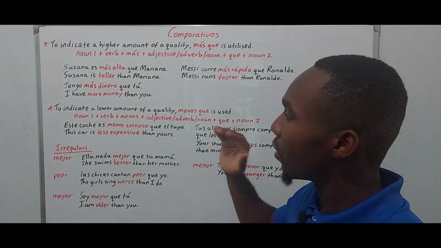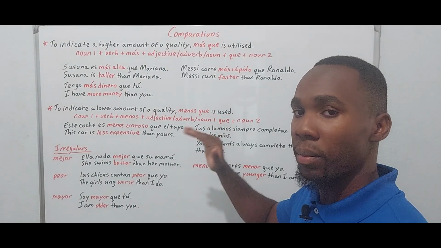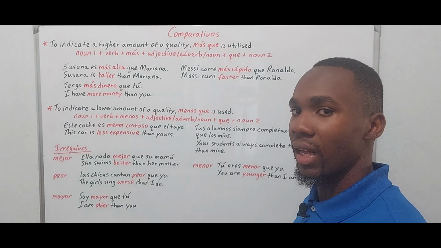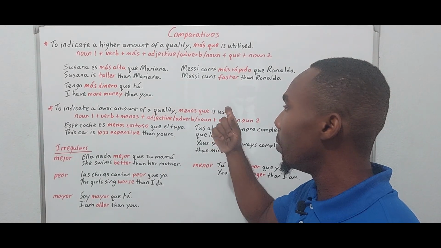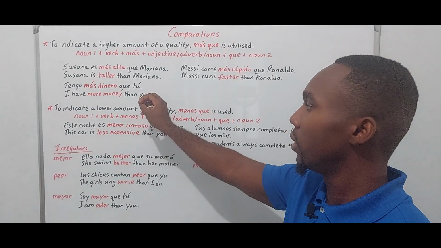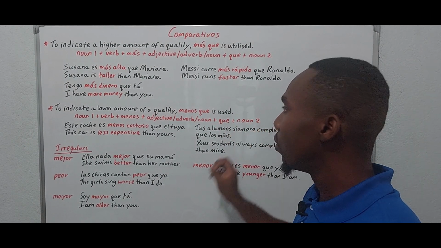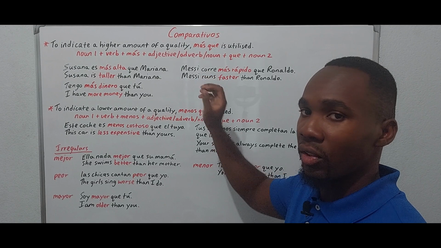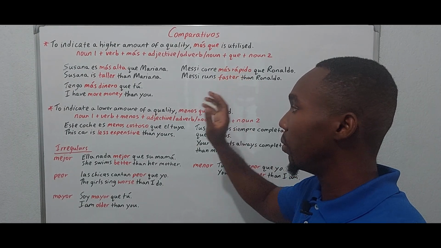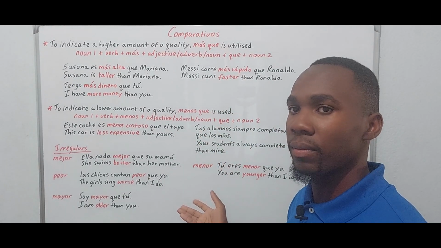Now, conversely, if we want to make a comparison and we want to say that one entity has less of a quality than the other, we use menos que. Okay? So we have the structure, noun 1, verb, menos, adjective, adverb, noun, que, noun 2. So it will be the same as this in terms of the order, but menos would go where más is, and the que would be the same, right?